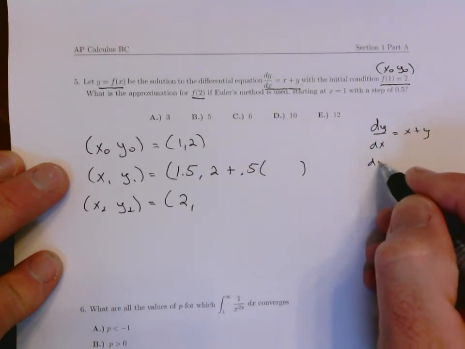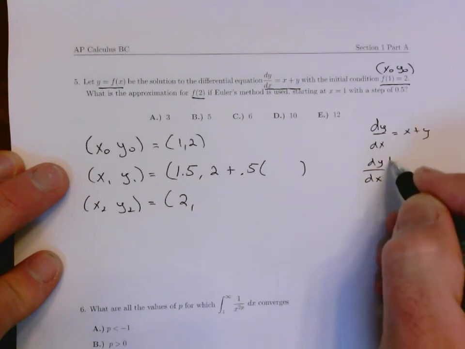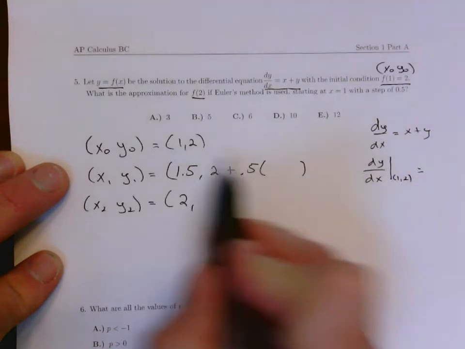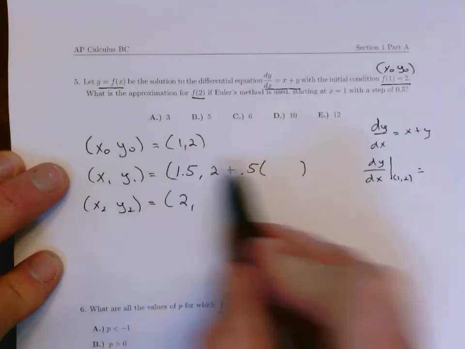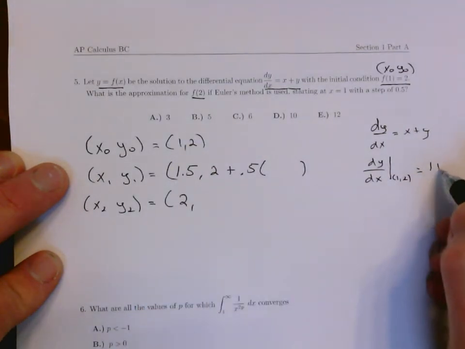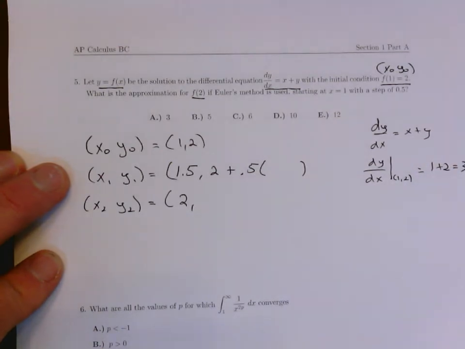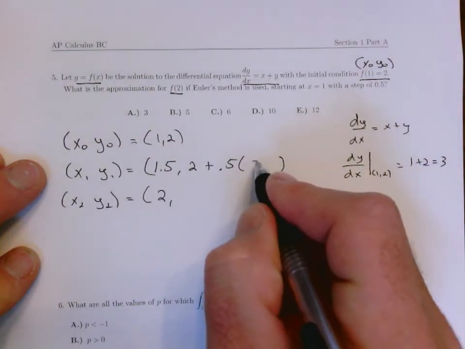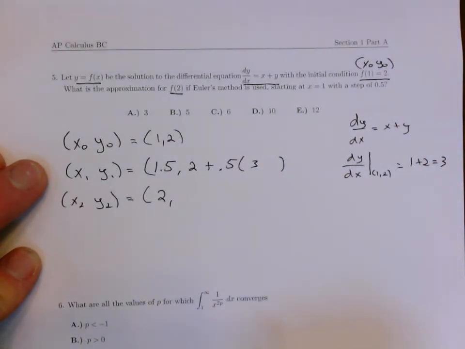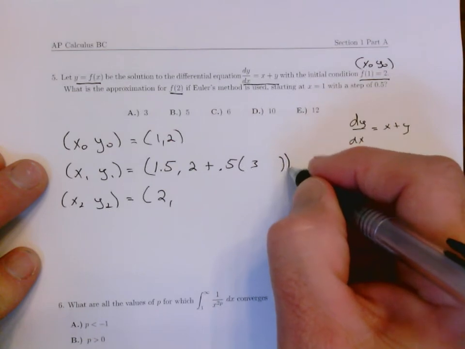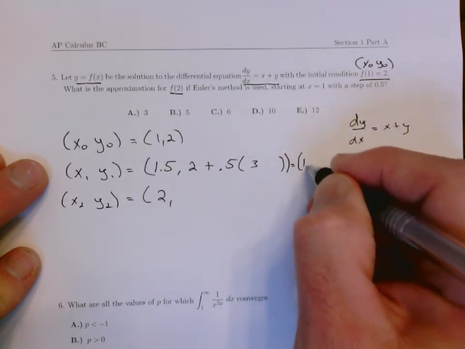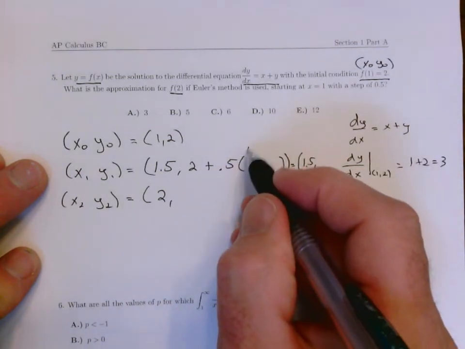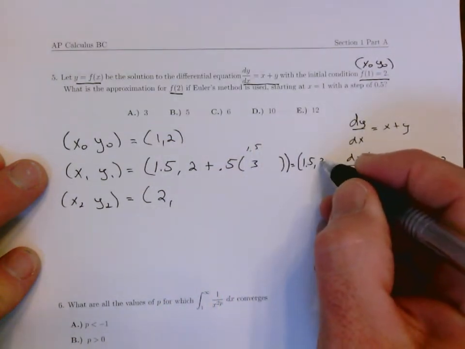So the derivative dy/dx evaluated at the point (1, 2), which is the prior point, is going to be equal to 1 plus 2, which gives you 3. So when you do this, you have the coordinate 1.5, comma, 2 plus 1.5, which will give you 3.5.